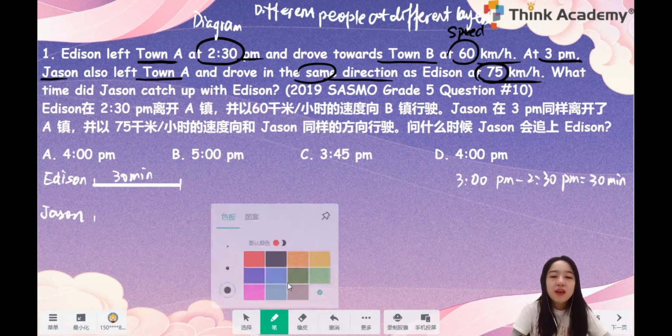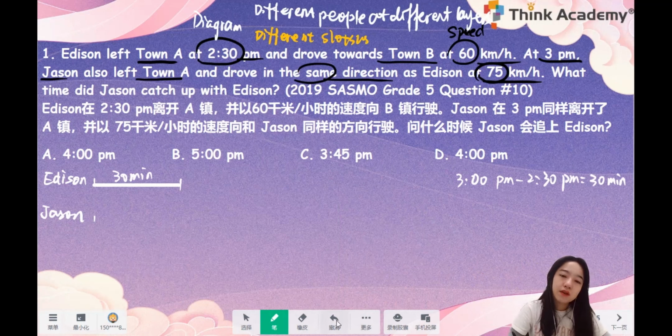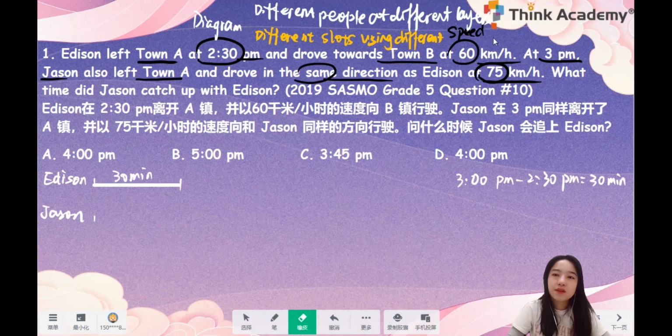Second, then Jason also starts to travel. But for this duration, both of them are traveling. So we need to use the second principle of drawing a diagram: different slots, using different colors.